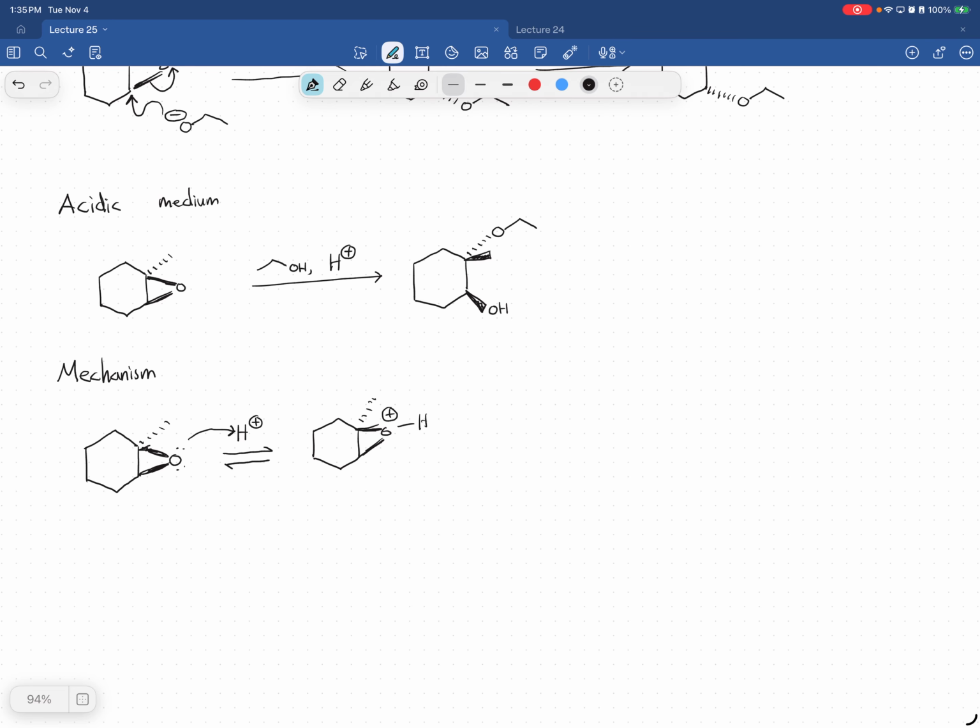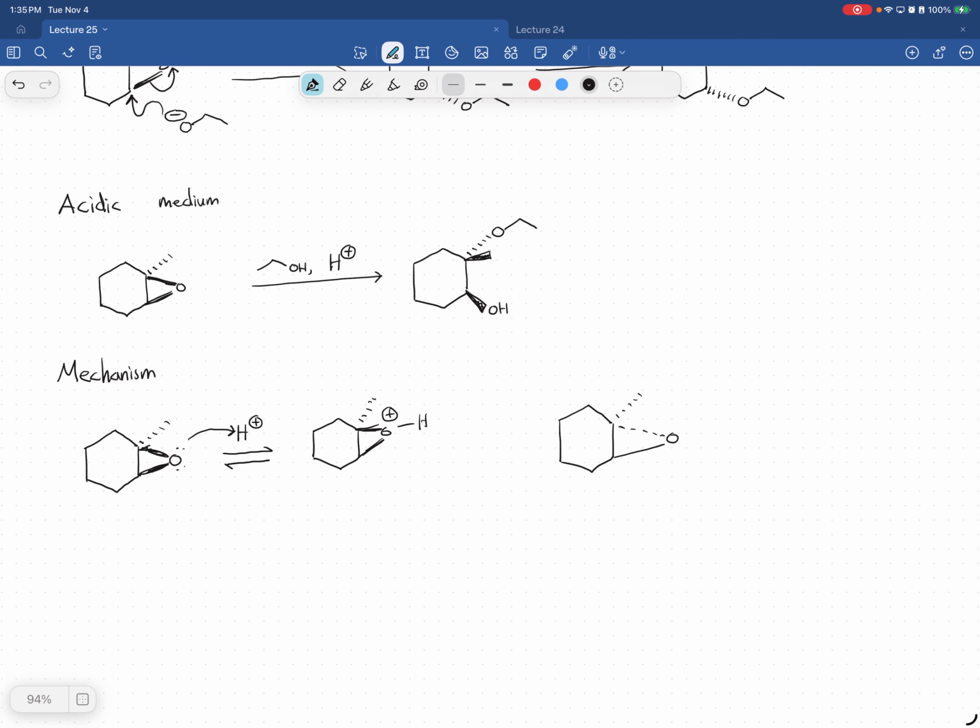Okay, so there's two different transition states we can have. Let's draw the structure again. All right, well, we know this bond is breaking, right, to the epoxide.